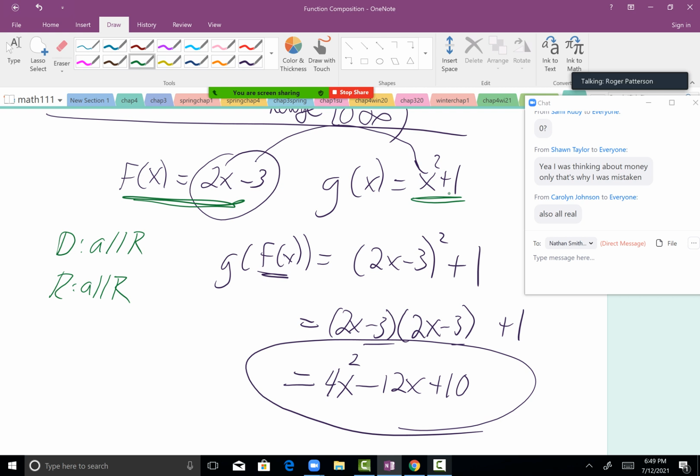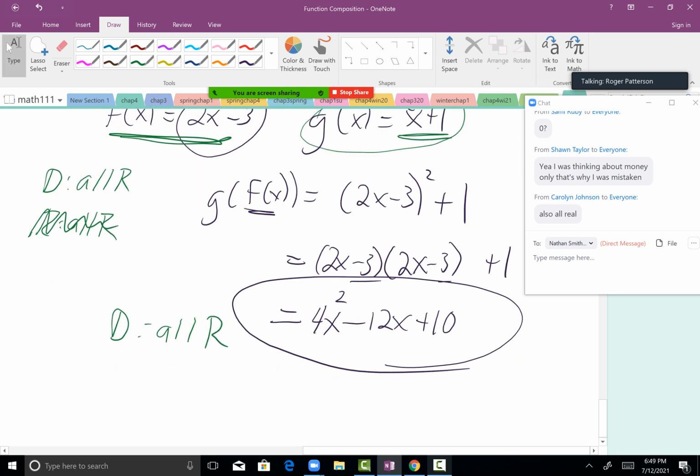So what's the domain for this thing going to be? That parabola. All real numbers, right? So I'm not going to have any issues. That's great. So my domain for this whole thing is all real numbers, because I didn't have any issues in the beginning, and I don't have any issues in that function.